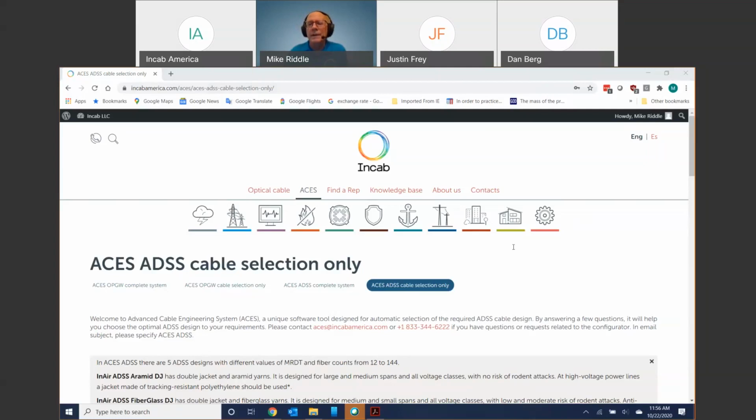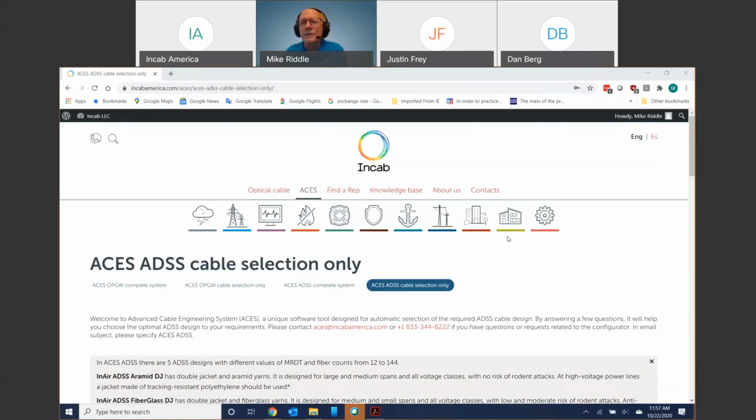The title is ADSS Fiber Lifecycle Research Report, July 2020. I'm sure if you go to the UTC website, which would be utc.org, you should be able to find a copy of that report. If you're a member, I think it's free. If you're not a member, they charge you. I don't remember how much.